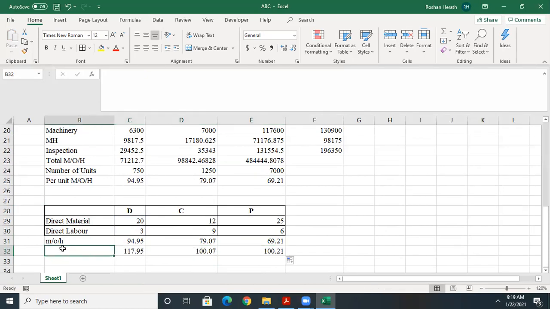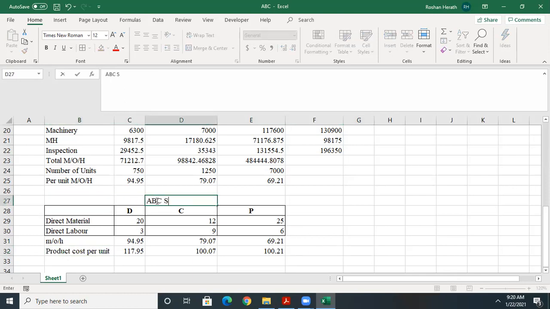This is about production cost, product cost per unit. So this is the situation under the ABC. So under the ABC system, this is it.